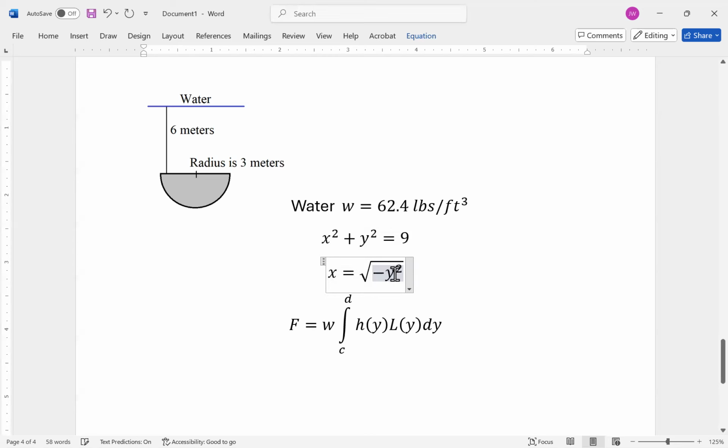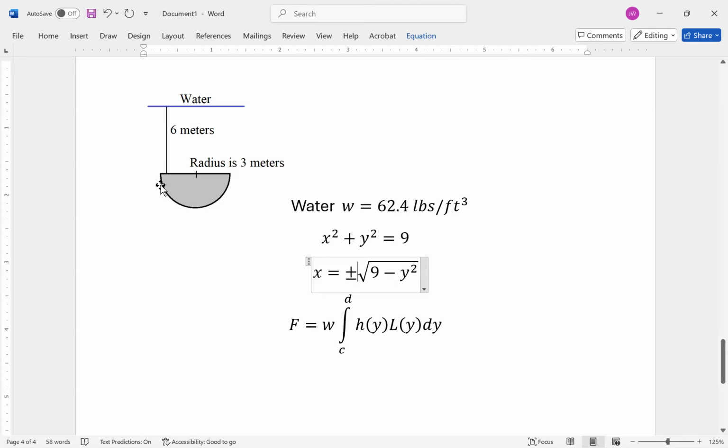And then when I solve for x, it turns out that the right-hand side of this circle is going to be the positive square root, but the left-hand side of the circle is going to be the negative square root. So x is equal to the positive square root of 9 minus y squared on the right-hand side of the circle.